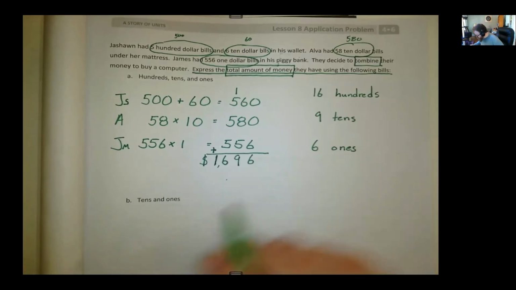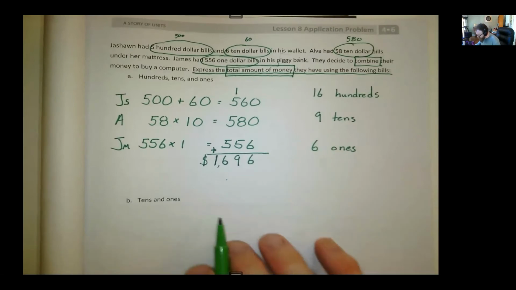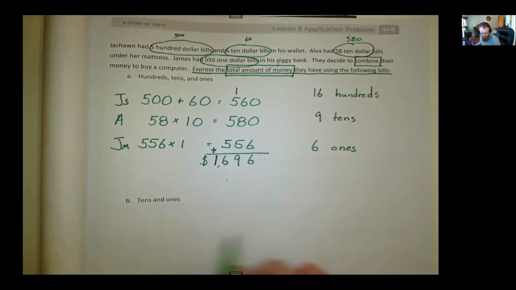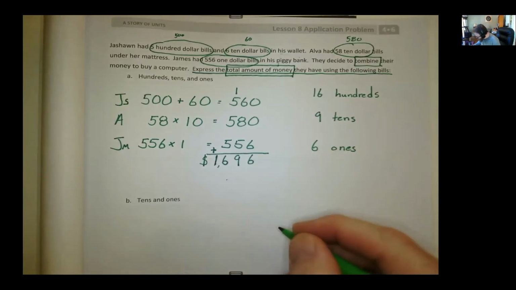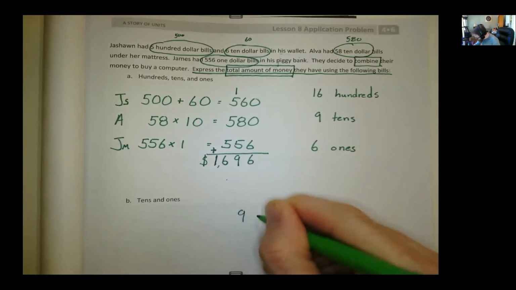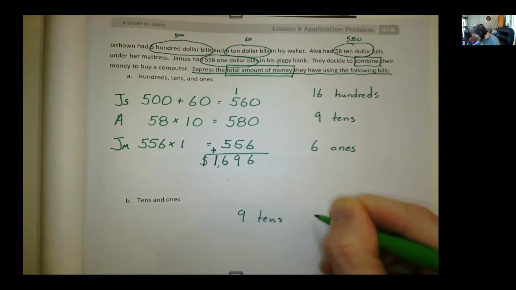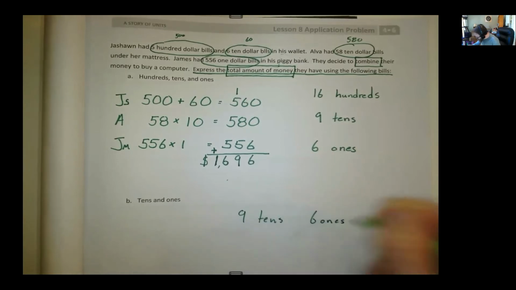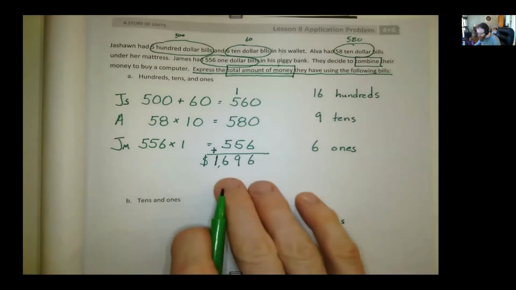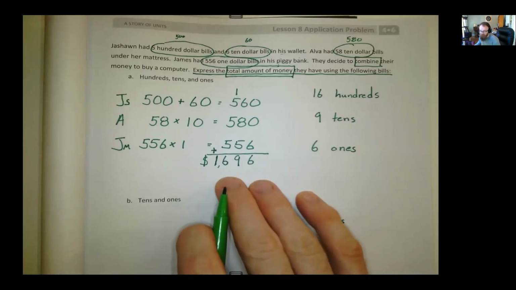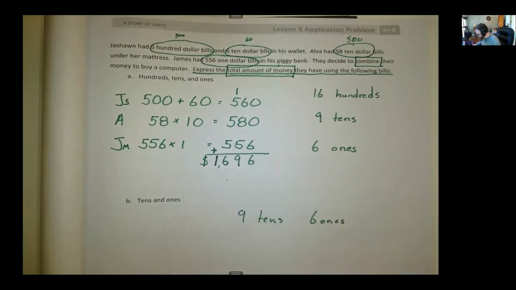Now, in part B we have our 9 tens and 6 ones from our original value, 1,696, but we now need to show 16 hundreds with $10 bills.